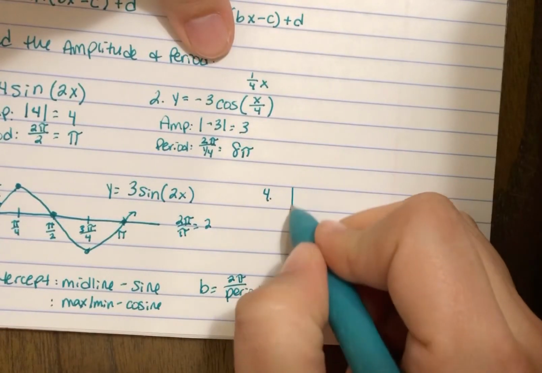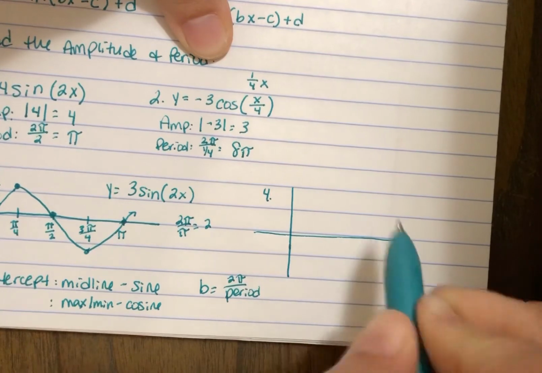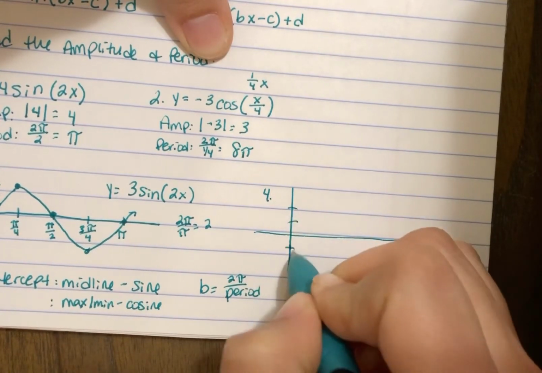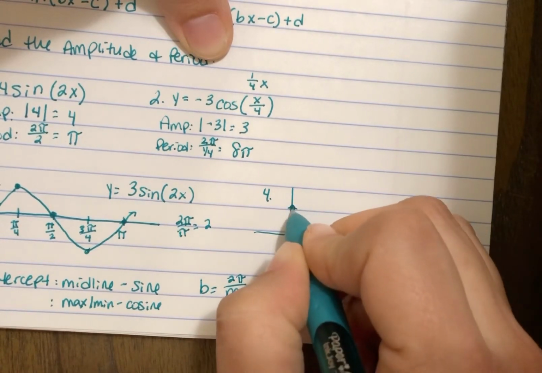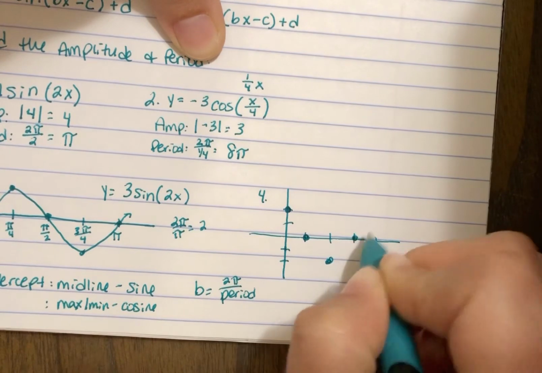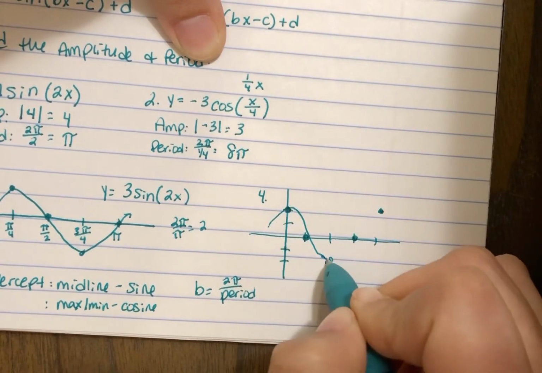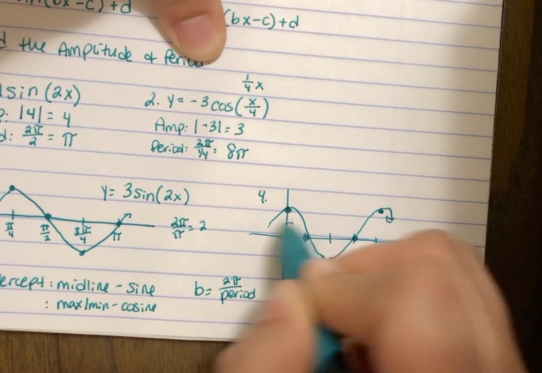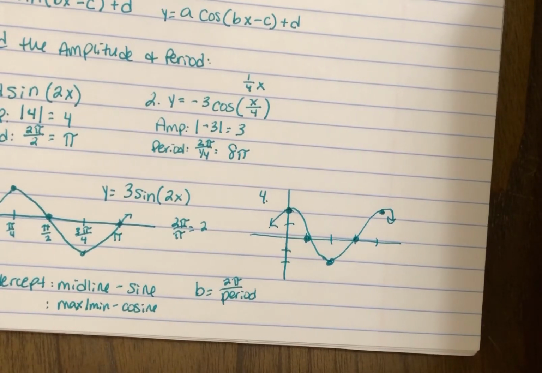And so real quick, let's look at one just so you can see what a cosine looks like. A cosine is going to be the same exact shape.